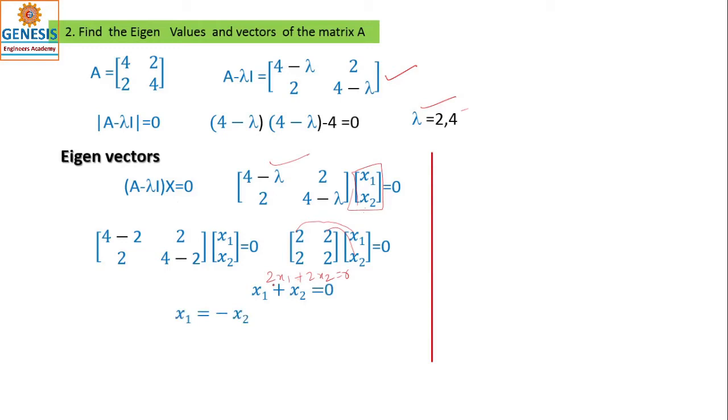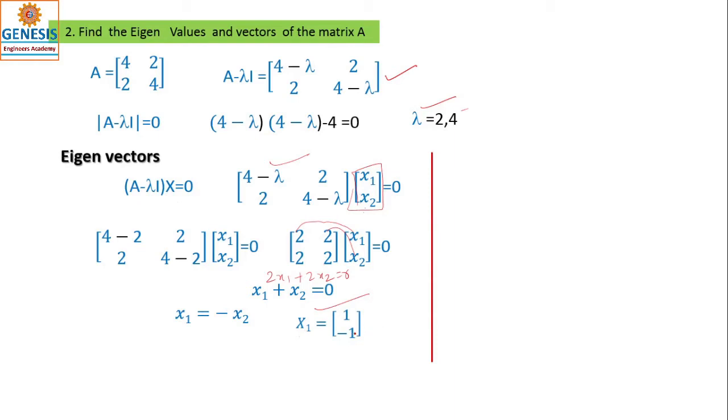If you give x2 the value 1, x1 is minus 1, and so we have the eigenvector x1. There will be 2 eigenvectors because the eigenvalues are 2, so you can have at least 2 vectors.